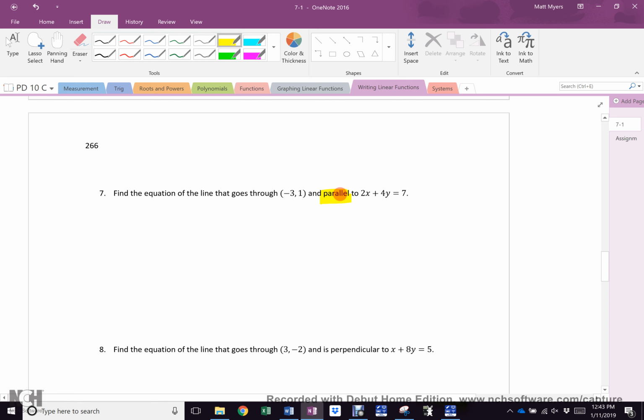Toya sees parallel, which means what? Whatever I need to find is going to have the same slope as this. How can I find the slope out of there? Convert it to what? Y equals mx plus b.